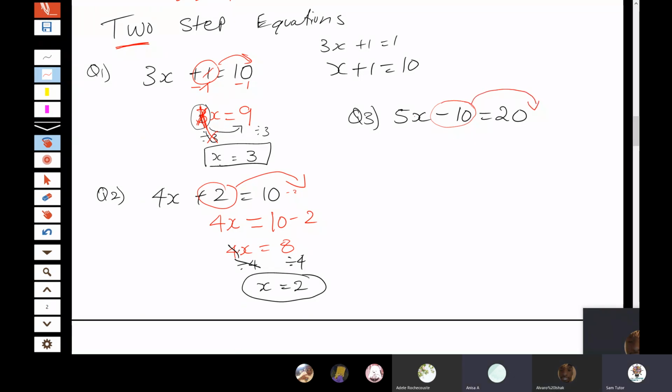What are you left with here? What would you be left with if you got rid of this and you moved it to this side? What are you left with? Just 5x. No, the minus is gone. It's moved. Alright, 5x equals 20.